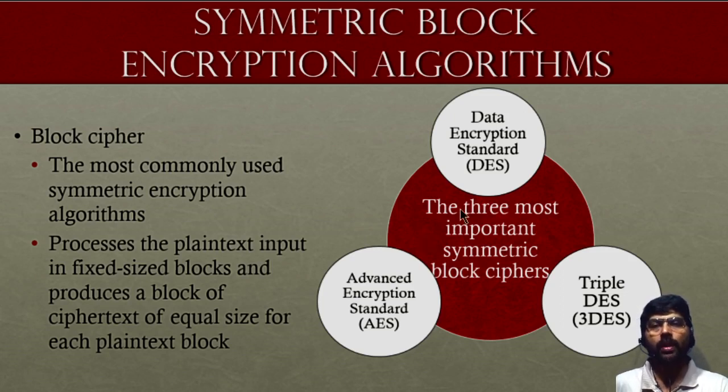Some of these encryption techniques are DES, that is Data Encryption Standard, then Triple DES, and Advanced Encryption Standard, that is AES. These are some of the famous symmetric encryption algorithms we are using today.